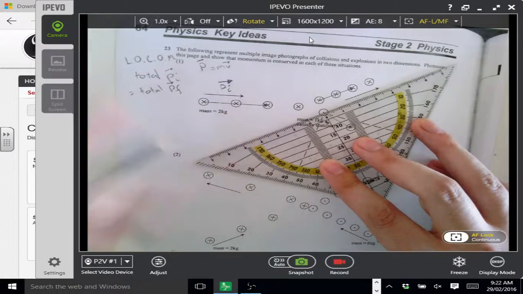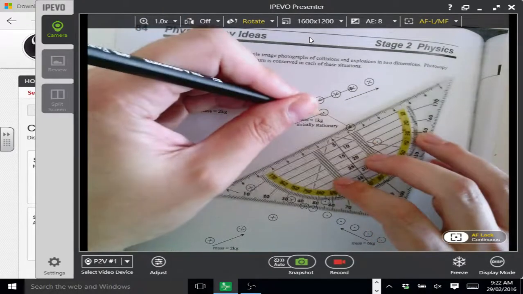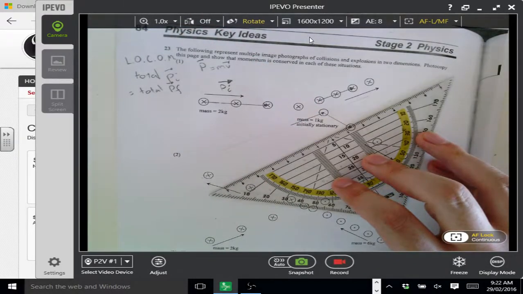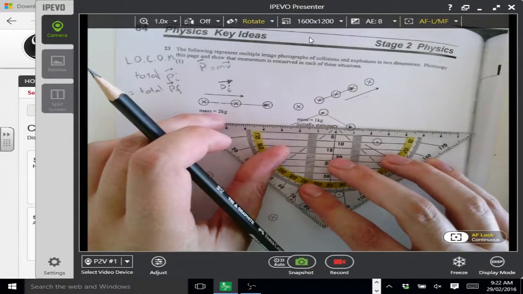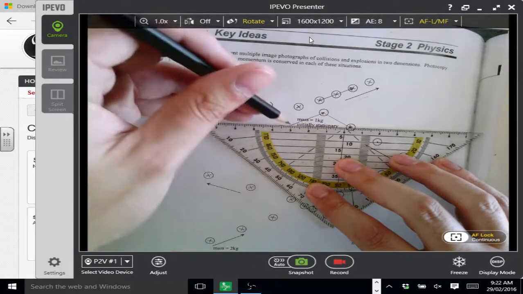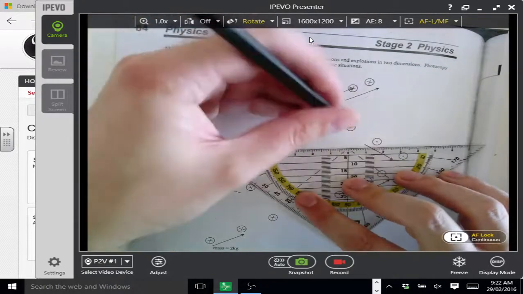So I'm going to draw that, follow that direction, 2 centimeters. Okay, now I'll translate that vector over, and I'll just join up from start to finish. Okay.